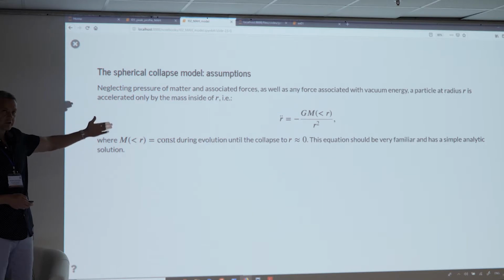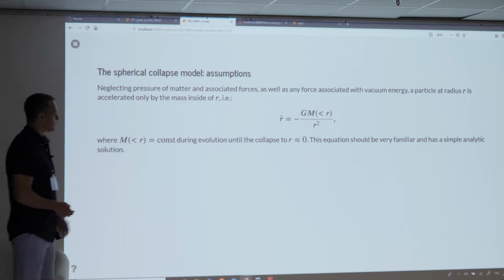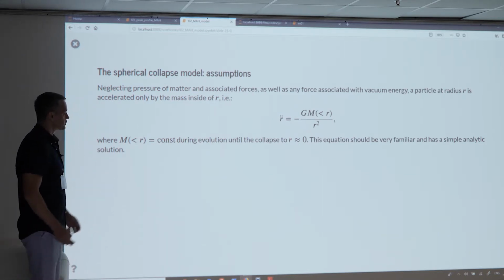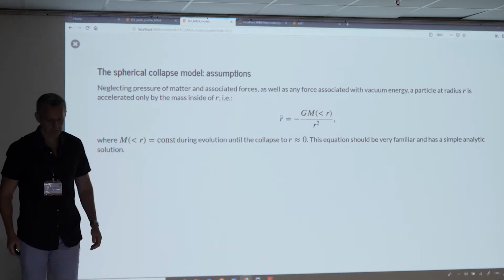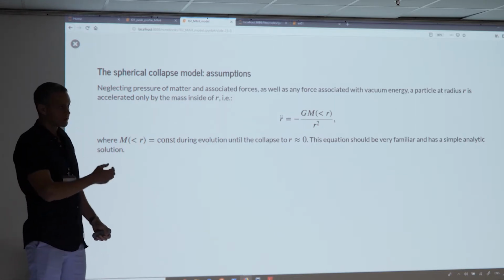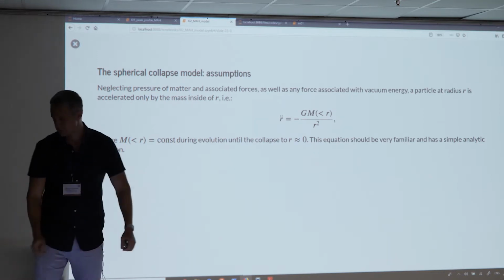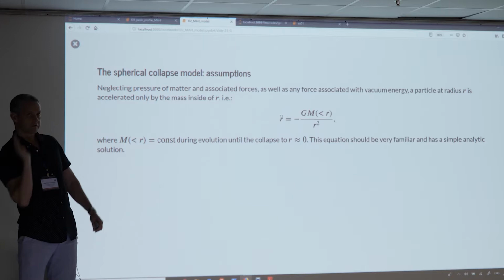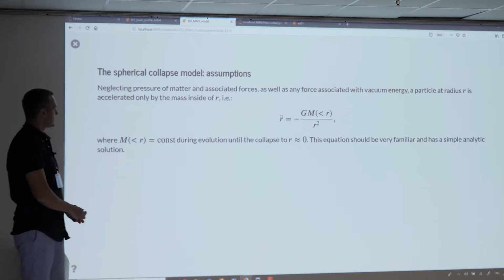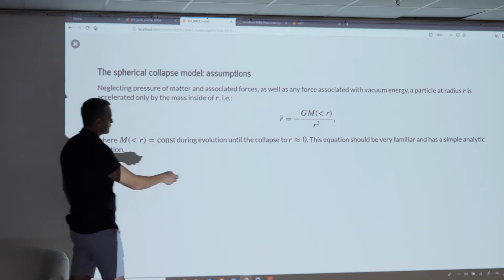It's just the acceleration of an object or a shell in spherical symmetry that is given by the mass enclosed within the shell divided by r squared. So it's just Newton's law, right? And this equation also describes that if I throw a pen, it exhibits a parabola because mass stays constant.